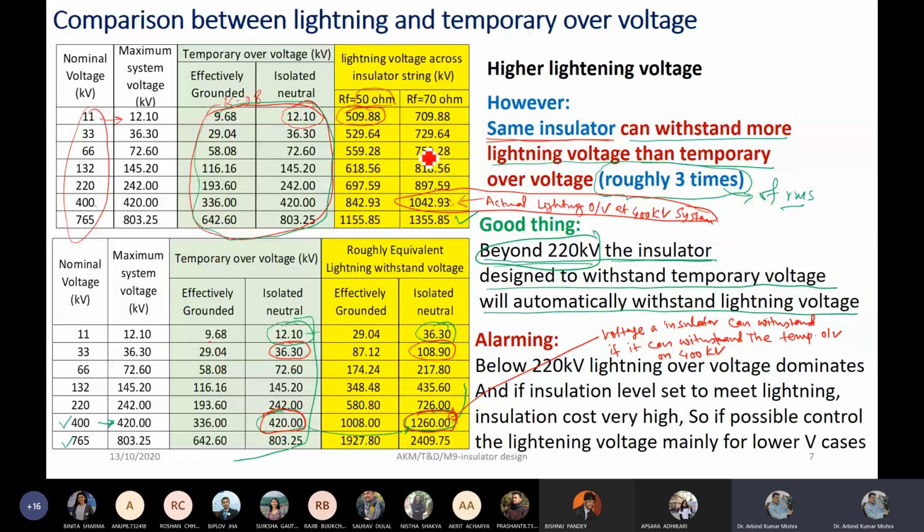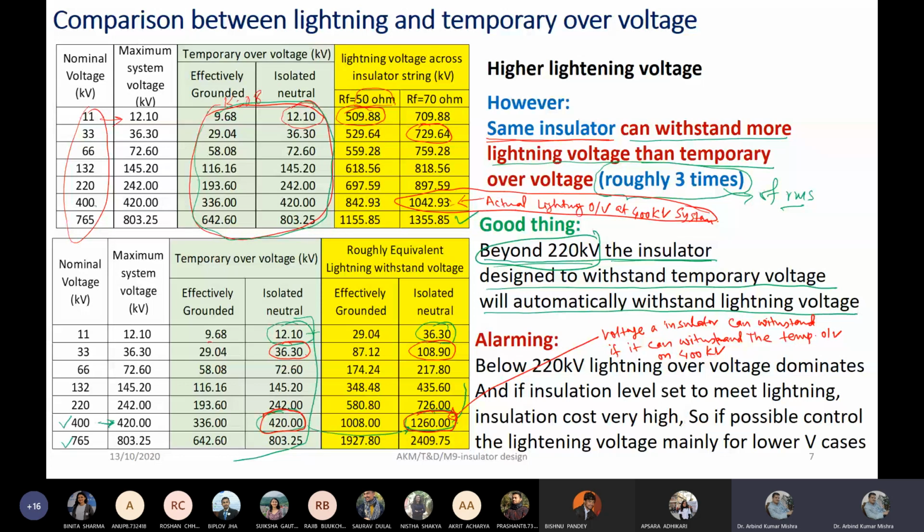So that means how many times? Almost 7 times more insulation level is required at 33 kV just to withstand the lightning over voltage.